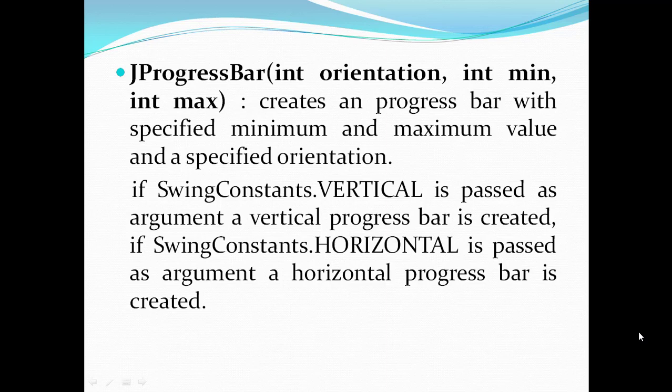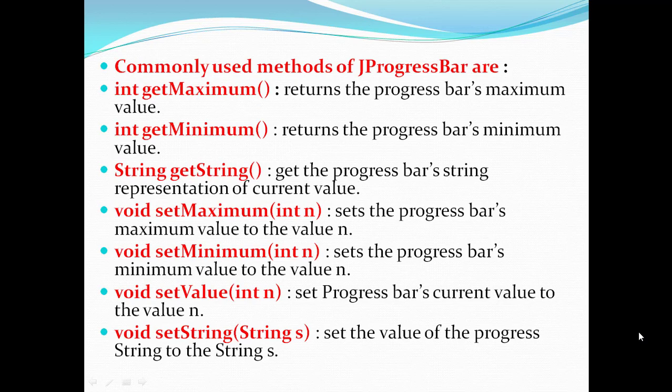Three parameters are provided here. It creates a progress bar with specified minimum and maximum value and a specified orientation. If SwingConstants.VERTICAL is passed as argument, a vertical progress bar is created. If SwingConstants.HORIZONTAL is passed, a horizontal progress bar is created. These four constructors are used.